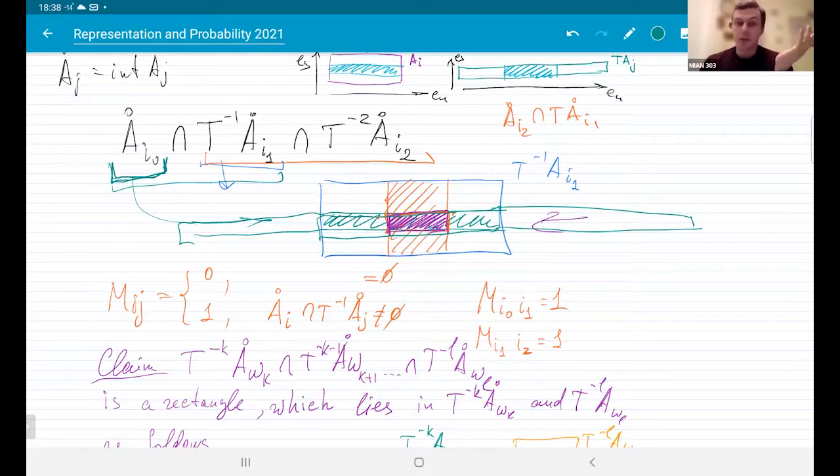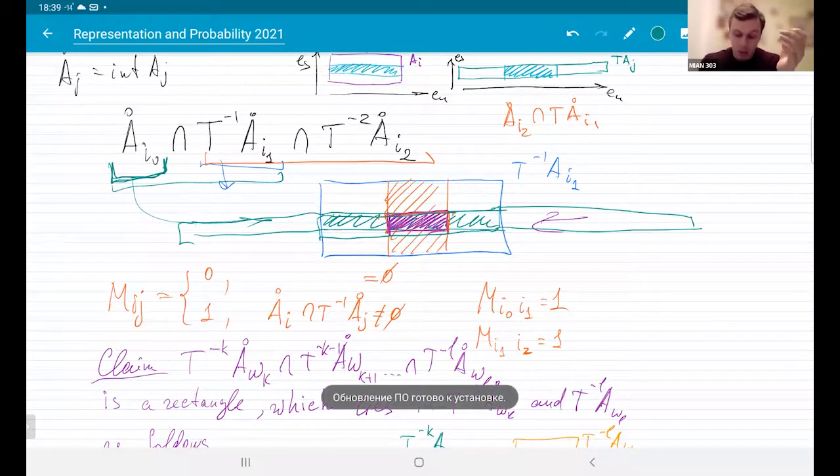So for n equal to 3, for three rectangles, this is true. And then you can continue this argument, adding one more rectangle each time.